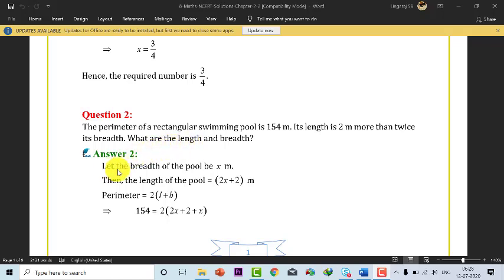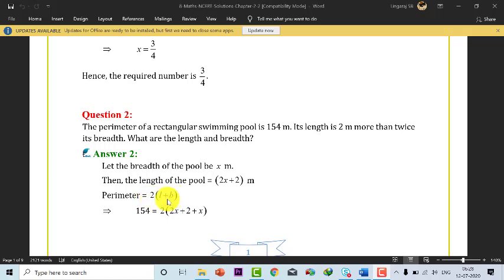Let the breadth of the pool be x meter, then the length of the pool is equal to 2x plus 2 meter, according to the given question. The perimeter formula we know: perimeter is equal to 2 into (length plus breadth).